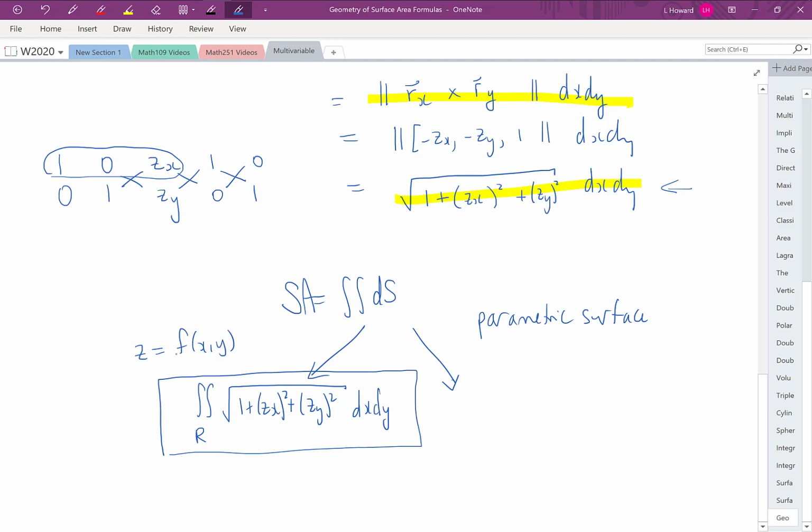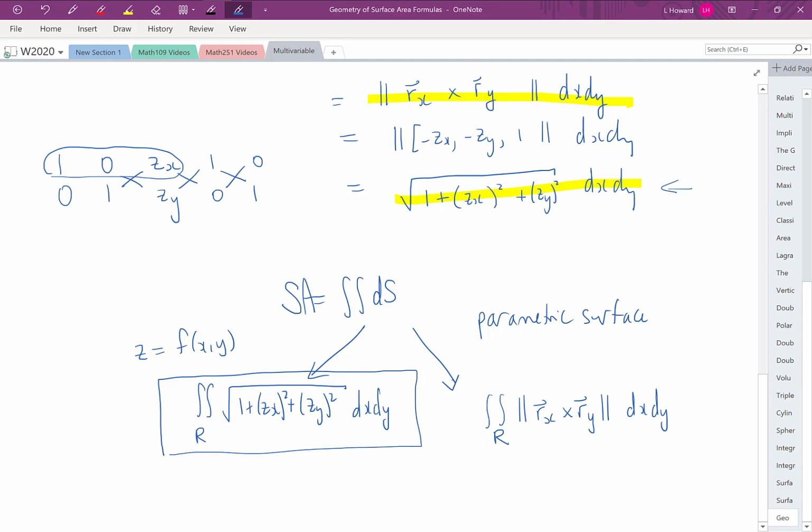But if someone did give you a parametric surface, like for example, the cone or the paraboloid that we saw over our previous 2 videos, then you would think about doing this process of taking the partial derivatives of your position vector, crossing those together, and then taking the length of that. So you'd have the double integral over the appropriate region, the appropriate range of your parameters, and then integrating that length there.